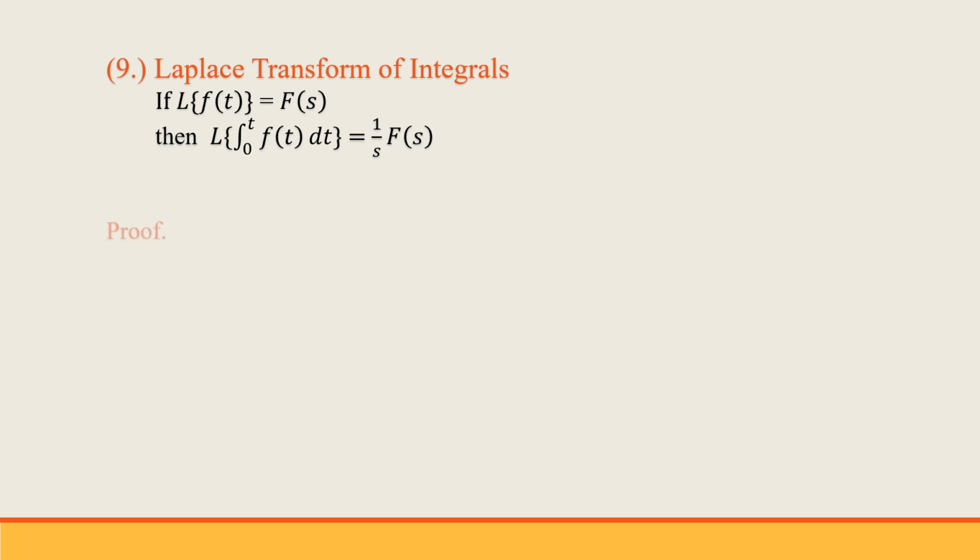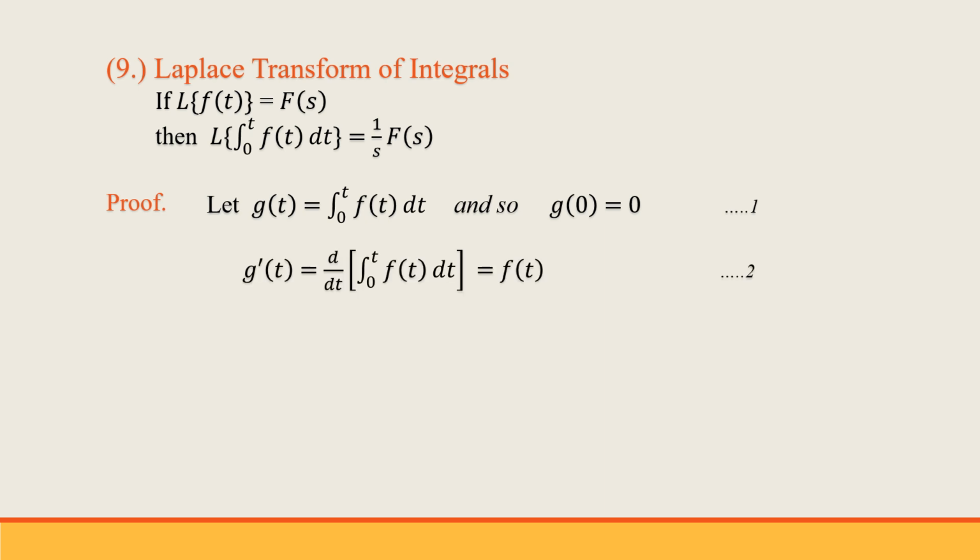Let's see the proof. For this, let us first consider a function gt equal to integral 0 to t ft dt. Now differentiate it both sides with respect to t. We get g dash t equal to d by dt of integral 0 to t ft dt, which is equal to ft.